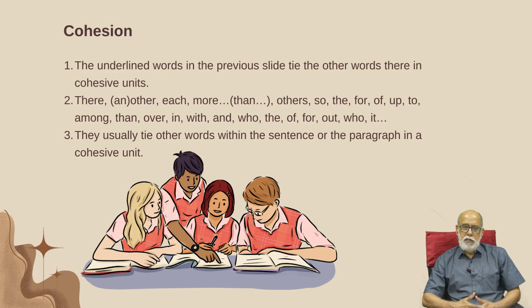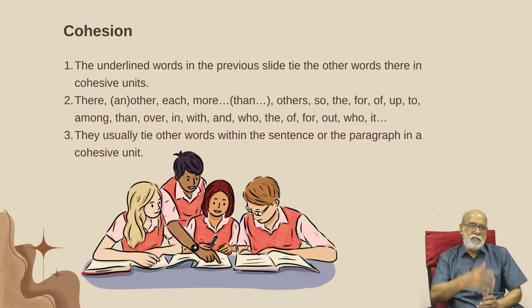Both have people, both are men and women, but in a crowd, nobody is related to anybody. We don't know one another, or even when we know one another, we have no emotional bond, no relationship. Whereas in a family, we know one another, we know our duties, we know our responsibilities, we are tied to one another, we are bonded to one another. That is the same thing in a sentence.